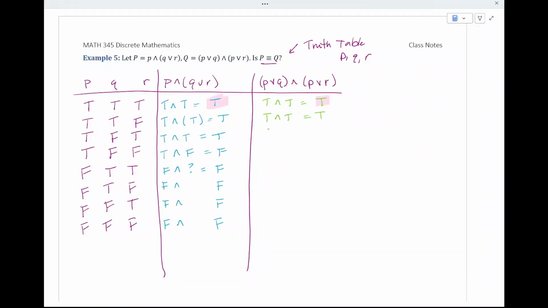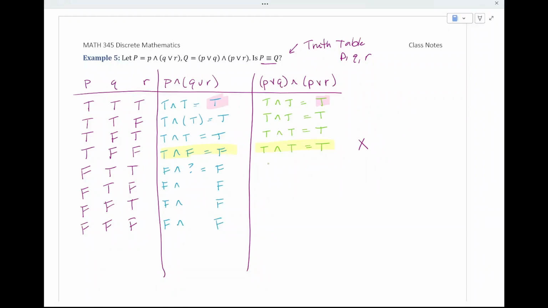Next one, P or Q is true, and P or R is true. Next one, P or Q is true, and P or R is true. Oh, here I'm seeing this one was false, this one is true. So I wouldn't really need to continue because I already found one row that's different. I think I will continue just so we can get the practice, but this is where I could stop and I could say they're not equivalent, but I'll just keep going because I might as well finish it off.